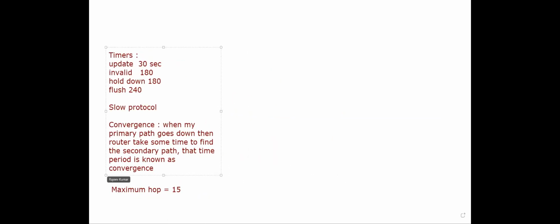So I'm rearranging this. RIP has version 1 and version 2. Okay, now we only use RIP version 2 because version 1 is a classful protocol. Classful protocol means it only uses FLSM. Like we are not able to use subnetting, no subnetting in version 1.